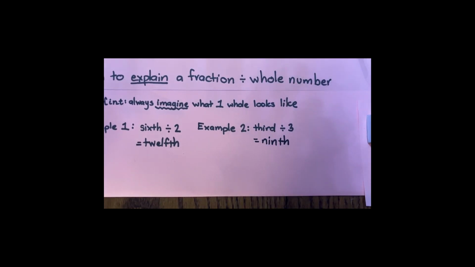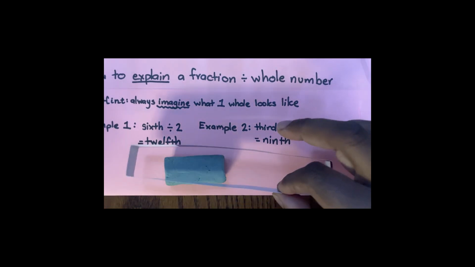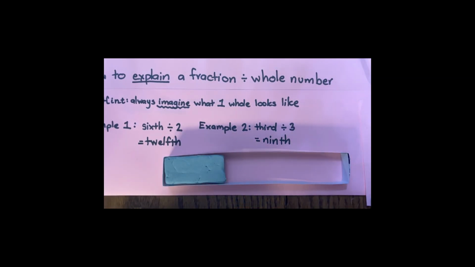I want you to play this video several times, pause and rewind and re-listen to the pieces you need until you feel like you can explain back to us how to divide one of these fractions by a whole number. You always start by imagining an amount and what that means for what the whole must look like.